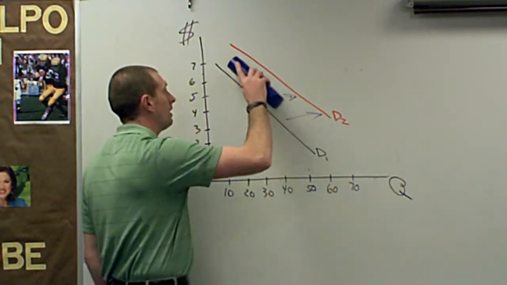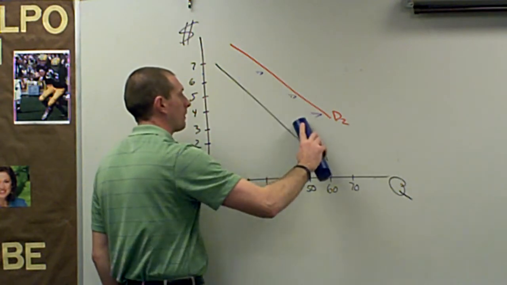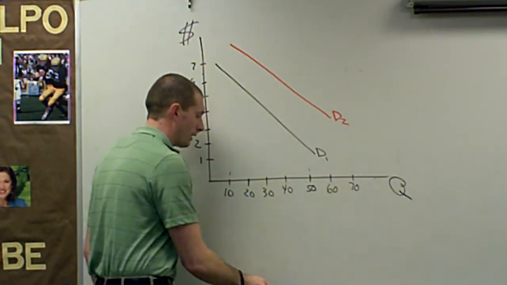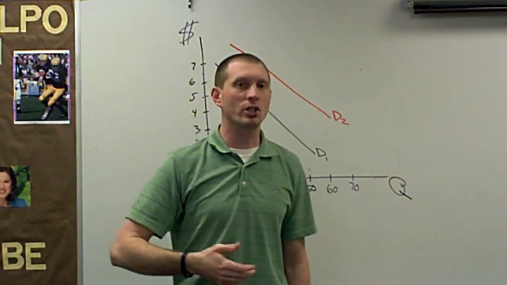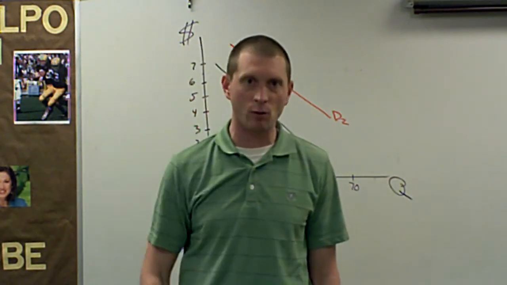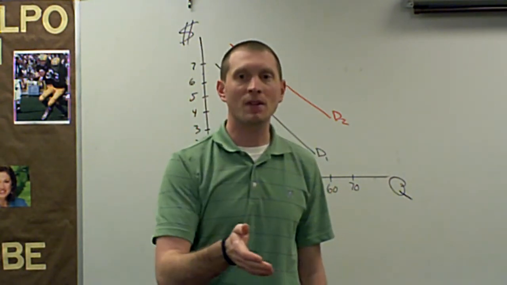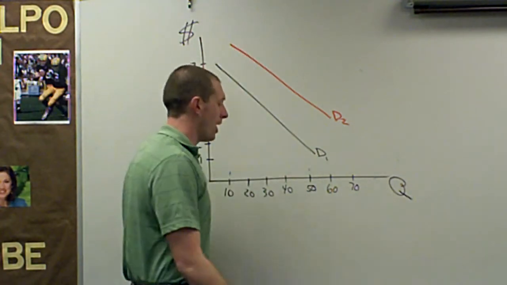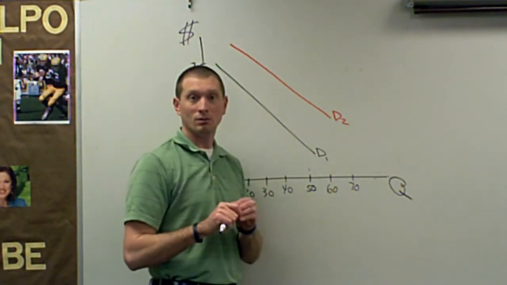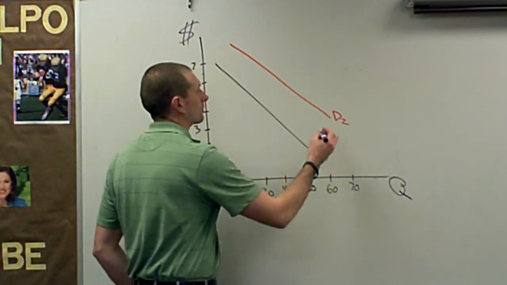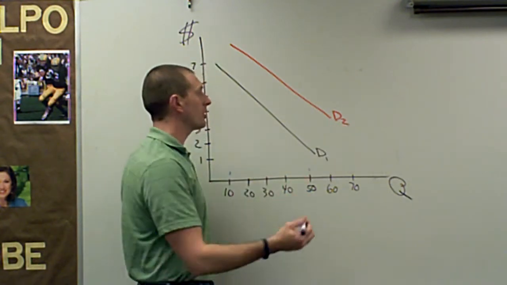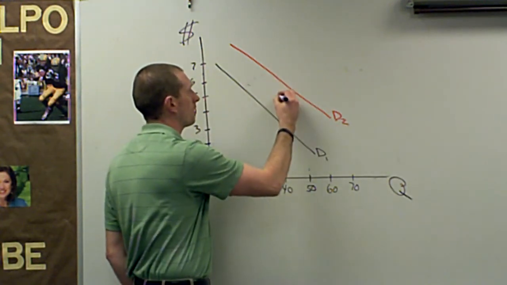Okay? Now, the inverse can also be true. All right? Let's say that the economy around here in Clarkston isn't doing so well and everybody leaves here. Everyone moves. We go from 35,000 down to 20,000. Well, then the demand for mac and cheese would decrease from D2 over to D1.